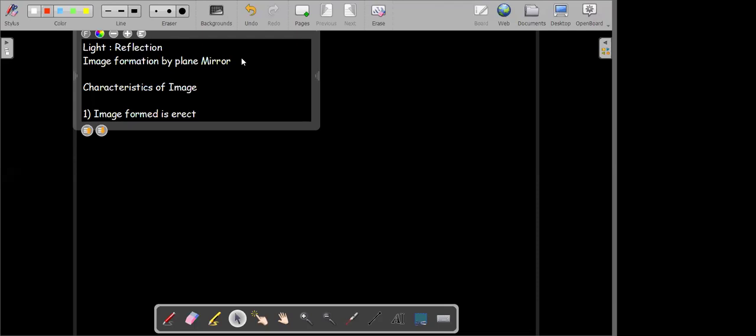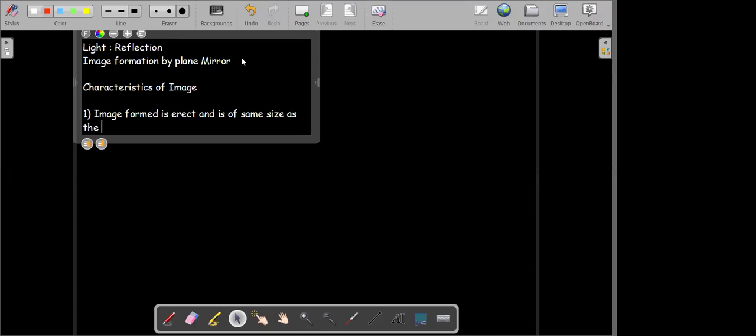It's the same. The image formed is erect and is of the same size as the object.